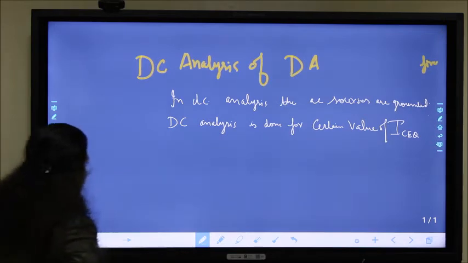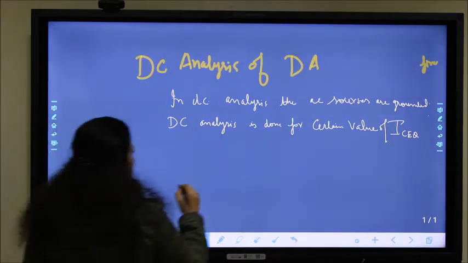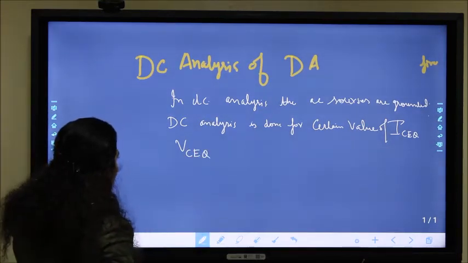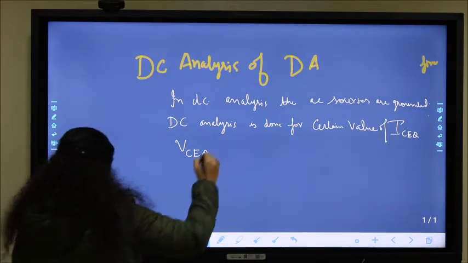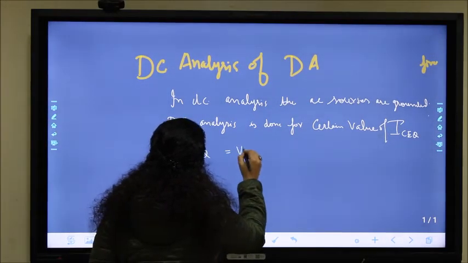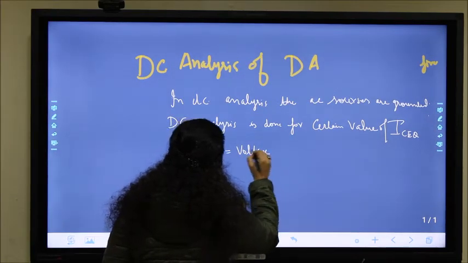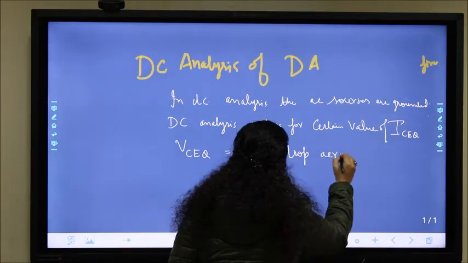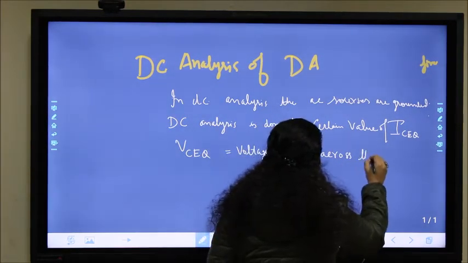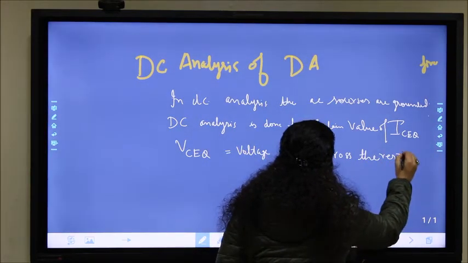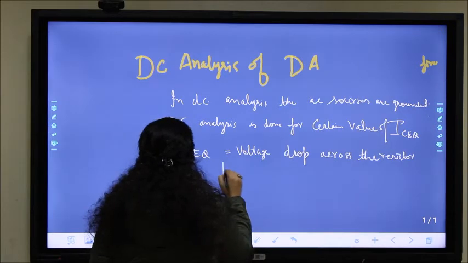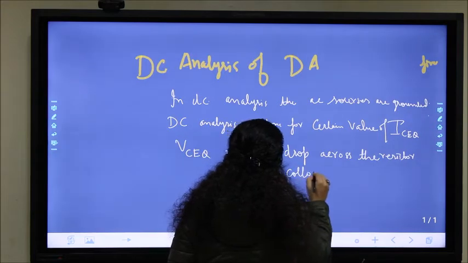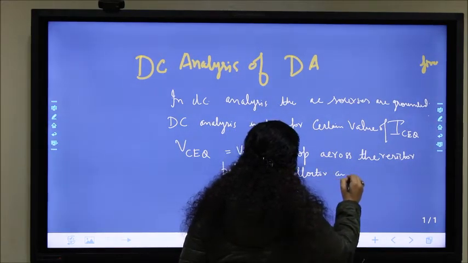And second, we will find VCEQ, the voltage drop across the resistor between collector and emitter.